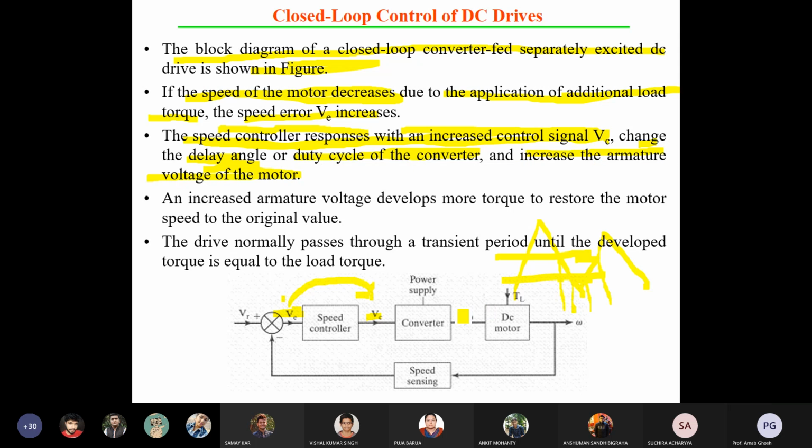More on time means more VA, so the motor can retain its speed. The increased armature voltage develops more torque to restore the motor speed to the original value. The drive normally passes through a transient period until the developed torque is equal to the load torque. I hope all of you understand what I am trying to say.